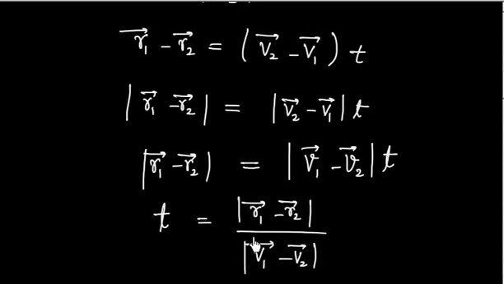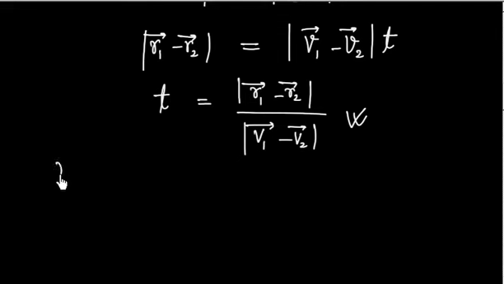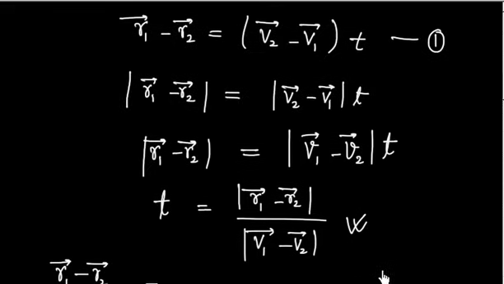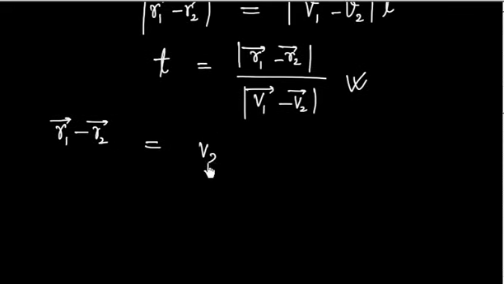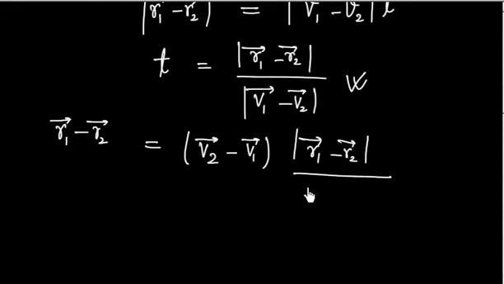Let us call this equation number 1. Put the value of time in equation 1. So r1 minus r2 is equal to (v2 minus v1) into t, and t is mod of r1 minus r2 divided by mod of v1 minus v2.